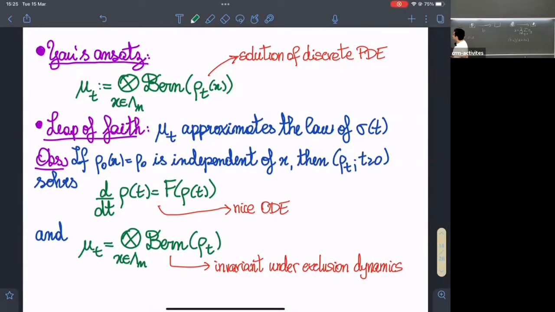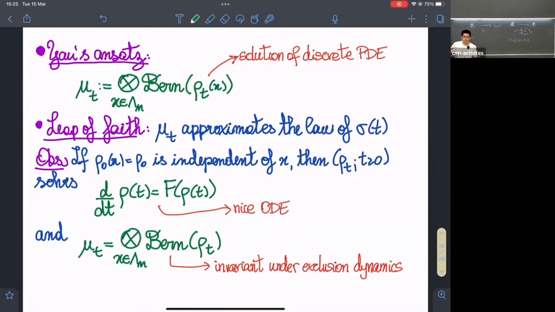So let me make an observation here. If at the PDE level you start with something which is independent of the space variable, then the Laplacian is automatically zero.